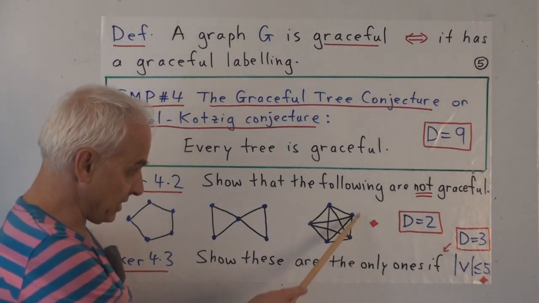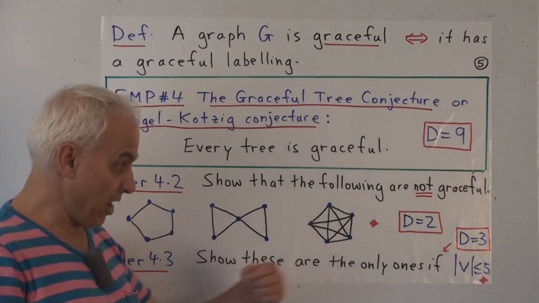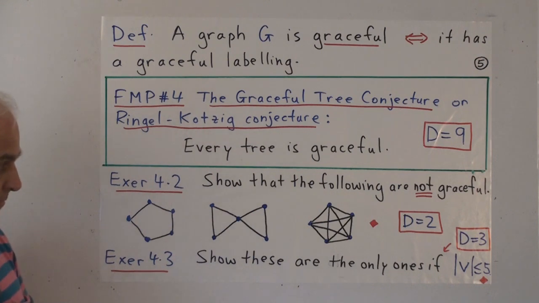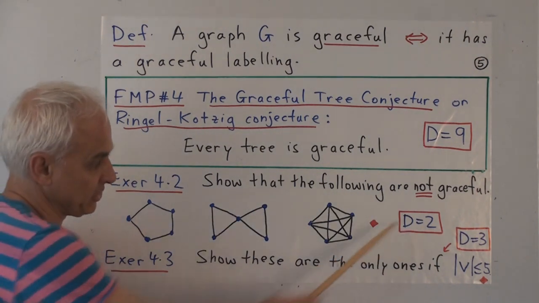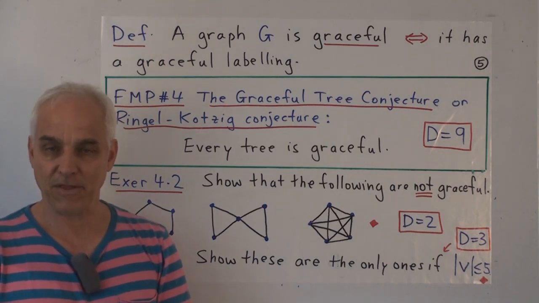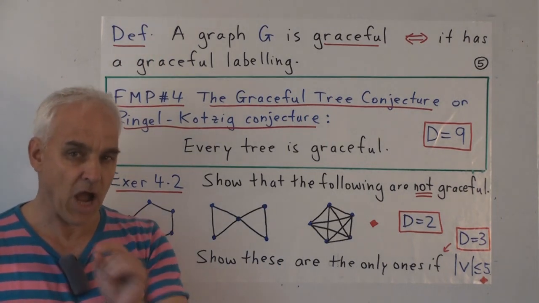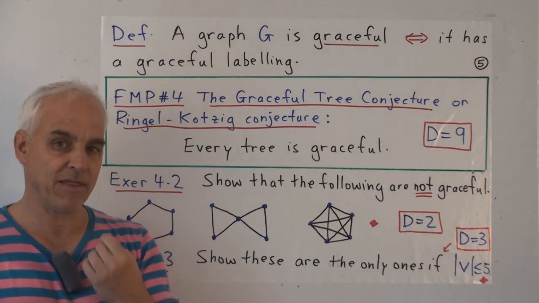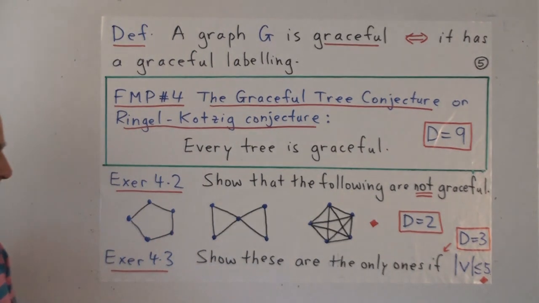So we have the 5 vertices around the outside, and we have all possible edges between them. Okay, maybe that's a D equals 2 problem. Maybe it takes you a day of thinking to convince yourself that those graphs are not graceful, that there's no possible way of labeling them in a graceful way.